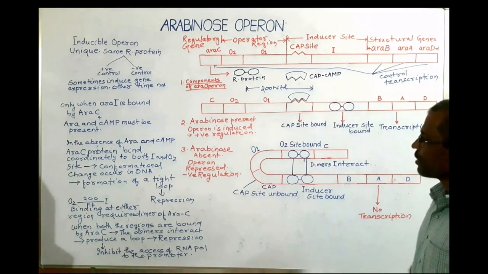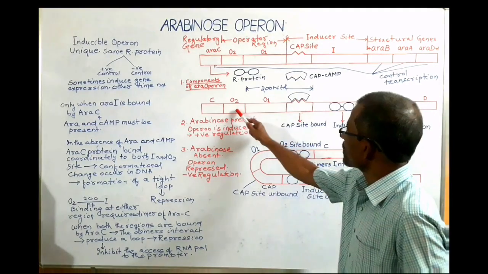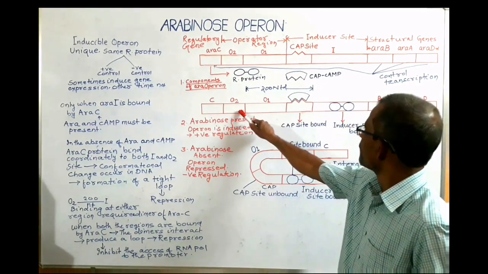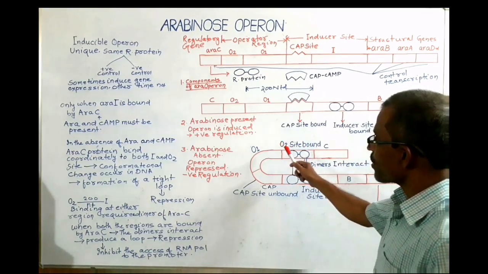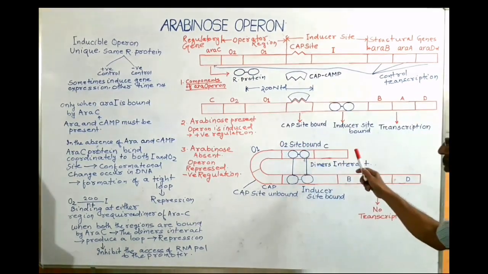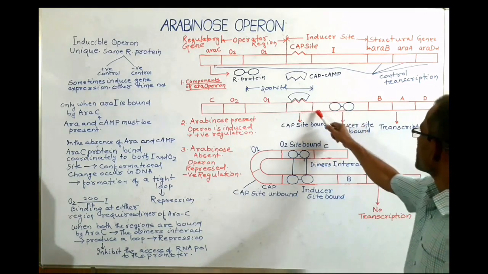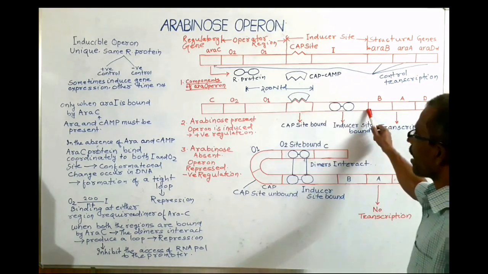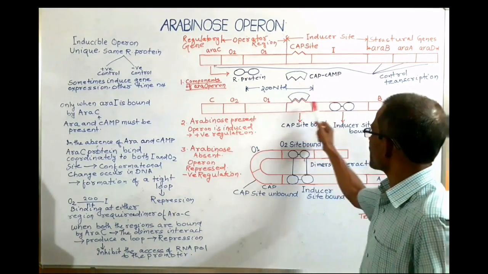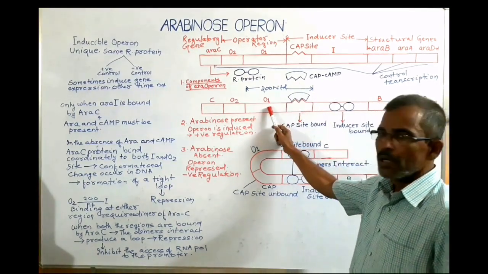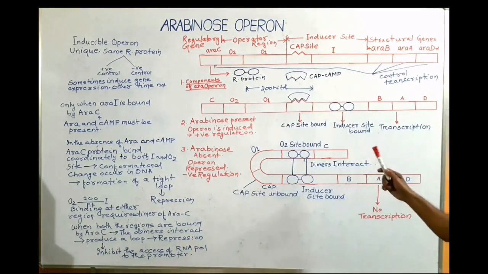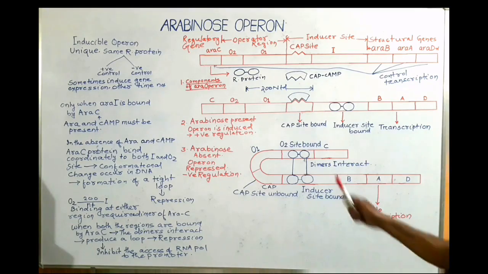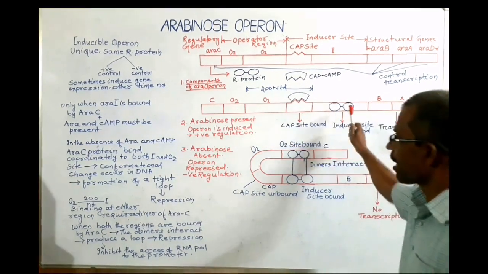Another important point is the O2 site. The O2 site is present at a distance of 200 nucleotides upstream from the I site. This is the I site. From this I site, this O2 site is present at a distance of 200 nucleotides upstream. So this regulatory protein araC can bind both to the O2 site and I site.